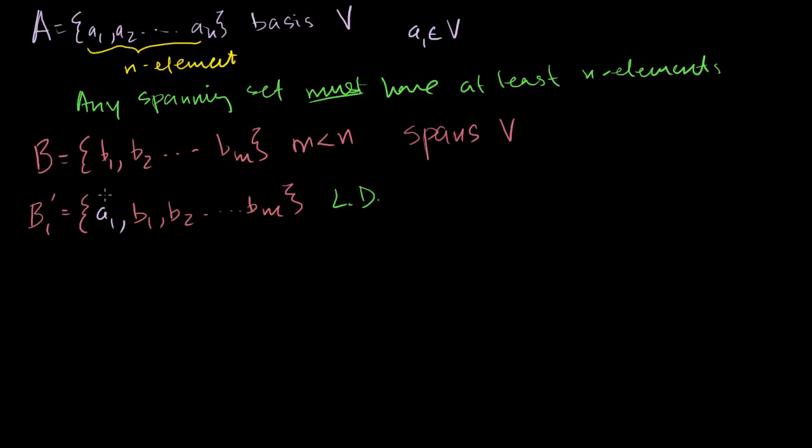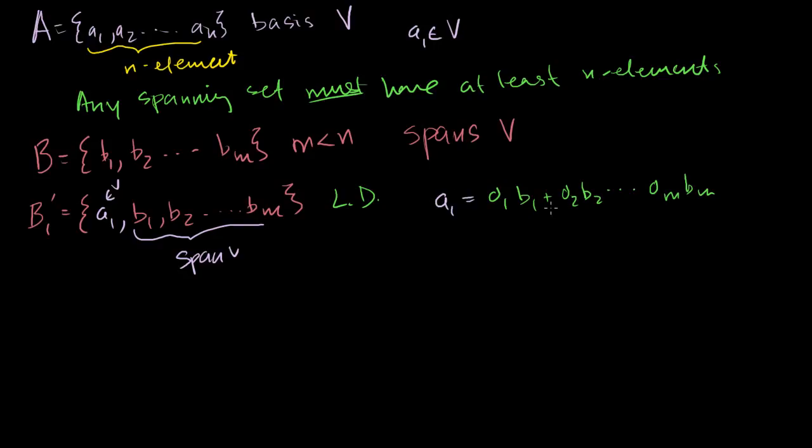So if a1 is in V, and the b's span V, then by definition some linear combination of these guys can be used to construct any member of V. So you can take some linear combination of these to construct a1. You could say a1 is equal to d1 b1 plus d2 b2, all the way to dm bm, where the d's are constants.